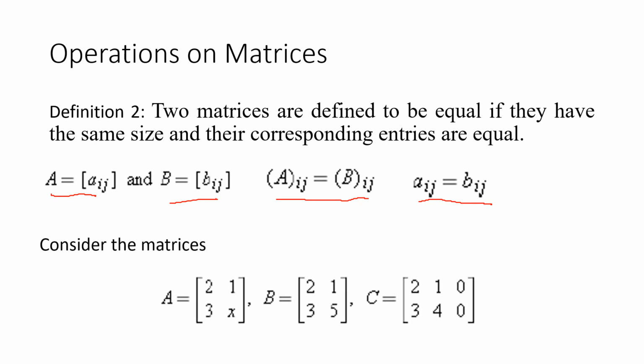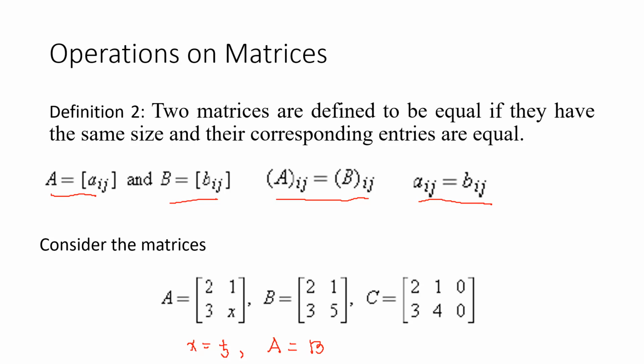For example, consider the matrices A, B, and C. Now, in this case, if x is equal to 5, then we could say that matrix A is equal to matrix B. But for all other values of x, matrices A and B are not equal, since not all of their corresponding entries are equal.